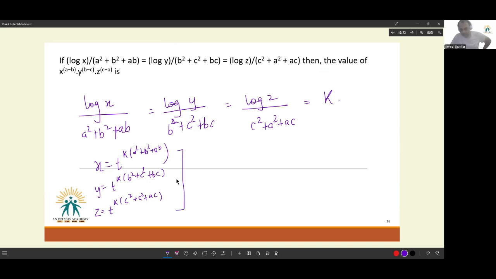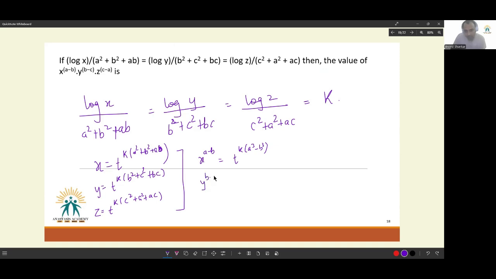And these things, as wonderful as they are, remember, these are not the terms. We have to multiply it with a minus b. So we'll have x raised to the power a minus b is equal to t raised to the power k times of a cube minus b cube. A minus b into this term will give us a cube minus b cube.